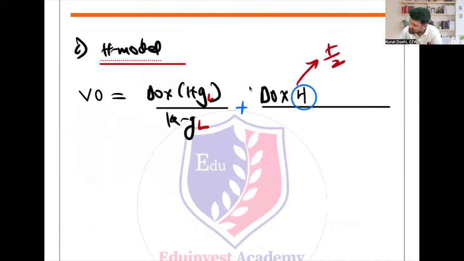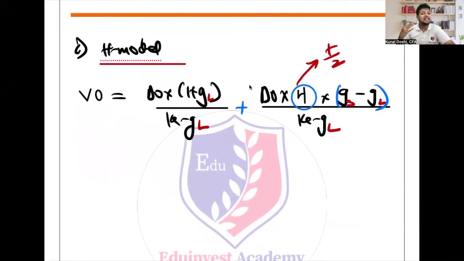So that H into the difference between the short-term and long-term growth rate, again all of this divided by cost of equity minus the long-term growth rate. Remember, in the discounting, whenever it is going to be perpetual, we always use the long-term growth rate. Everyone with me? Correct?